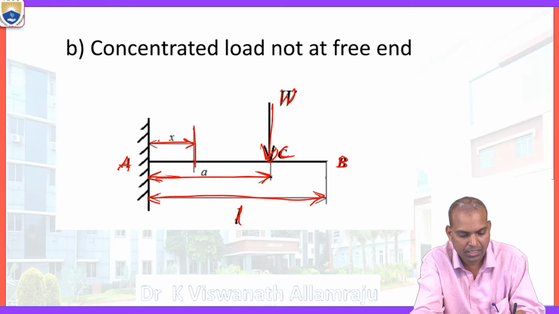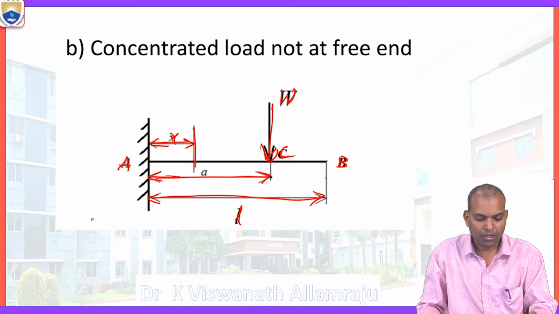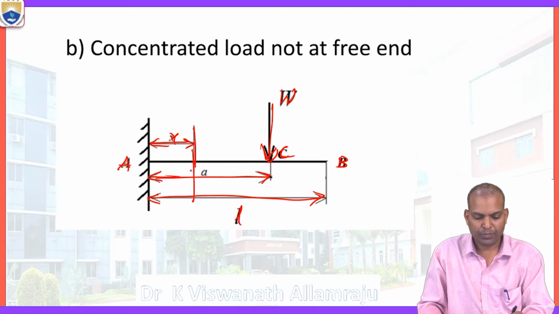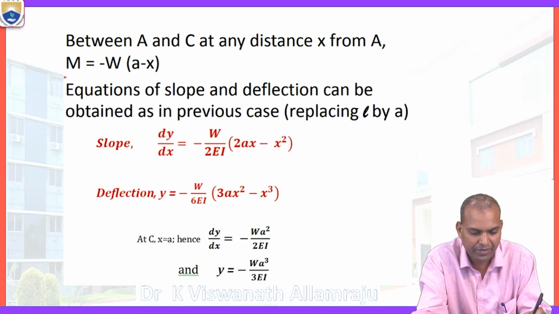Consider a section at a distance X from the fixed support. We need the bending moment equation for this concentrated load on the cantilever beam at this point, that means W times (A minus X), where A minus X is this distance. So the bending moment equation at a distance of X is negative W times (A minus X).